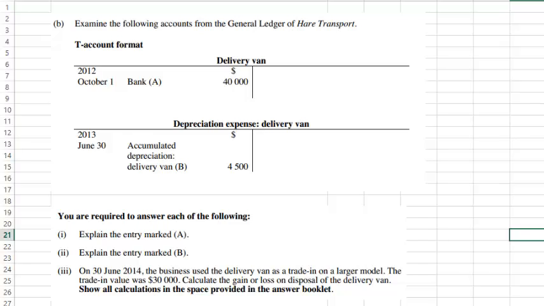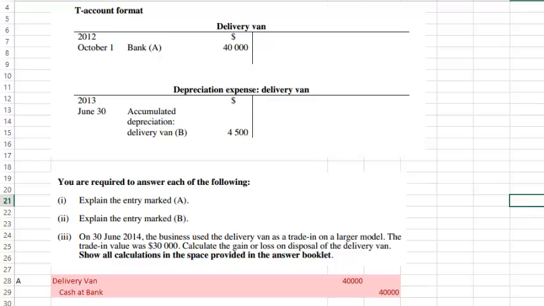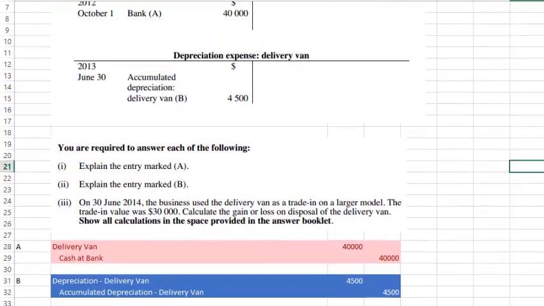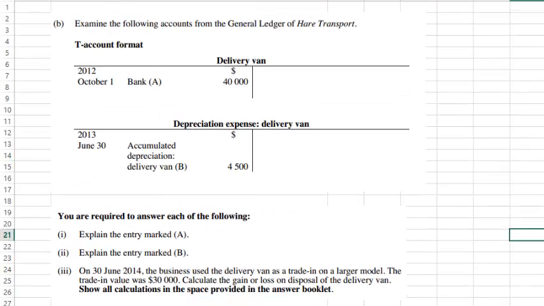The best way that I would go about dealing with this is to say, okay, what made this entry be debited in the delivery van account? So the easiest thing for me to use to explain is the actual general journal entry that would have been generated from the initial transaction. And down here I'll show you what it means. So in order to get a debit into the delivery van account, this transaction must have occurred.